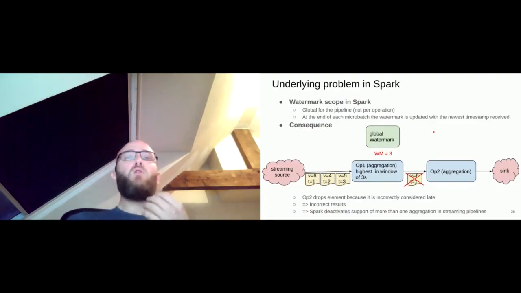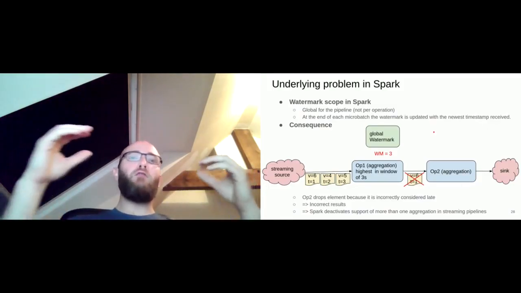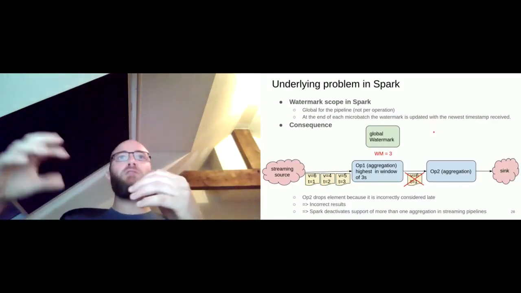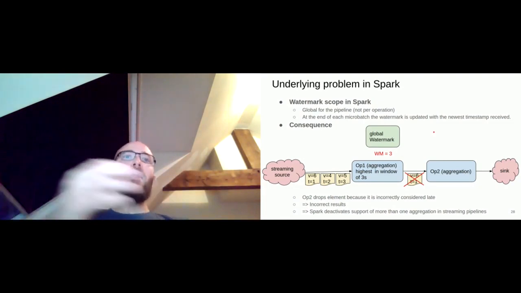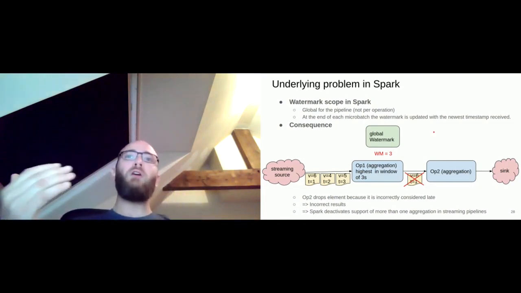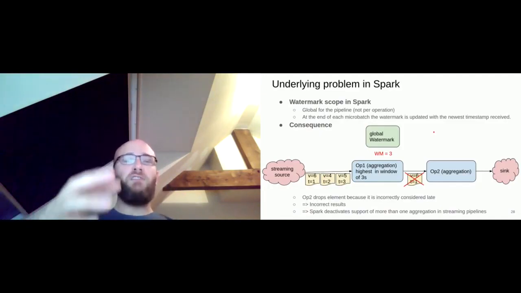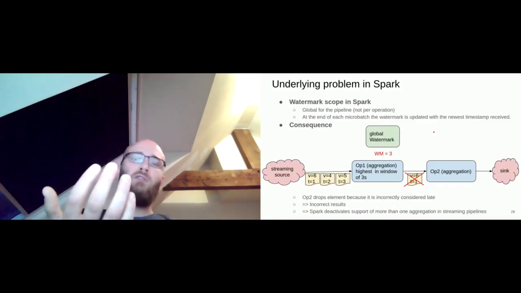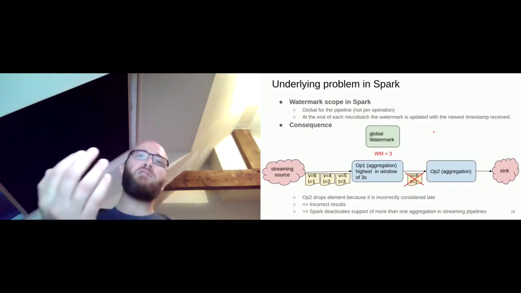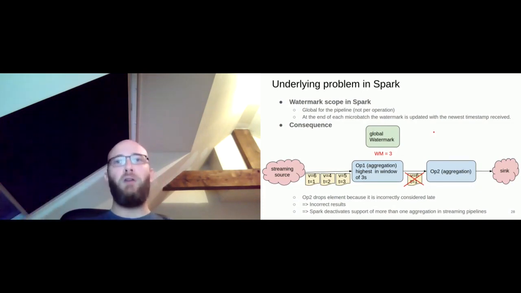And these watermark values will be propagated through the pipeline from the source throughout the different Spark operations. And each operation will update its local watermark as it receives data. And we define for each of these operations an input watermark, which is defined as the minimum of the output watermark of the previous operations.